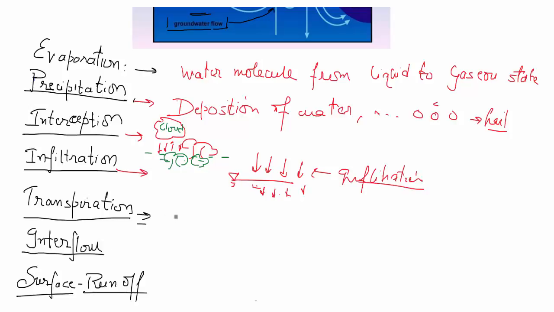Transpiration is the soil moisture taken up through the roots of plants and discharged into the atmosphere through the foliage by evaporation. It means we have our plant system here. These are our trees. We have then leaves, and it has its roots below the ground level.